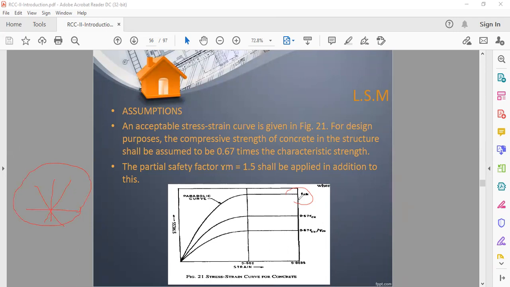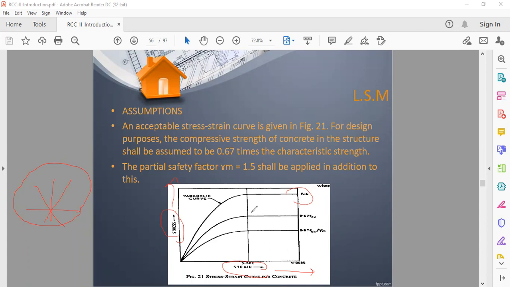So this is the strain on the x-axis, and this is the stress on the y-axis. If you just draw the curve, you will get that first of all this has fck. Fck is basically the characteristic strength.